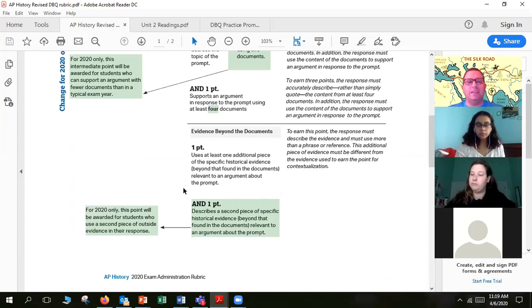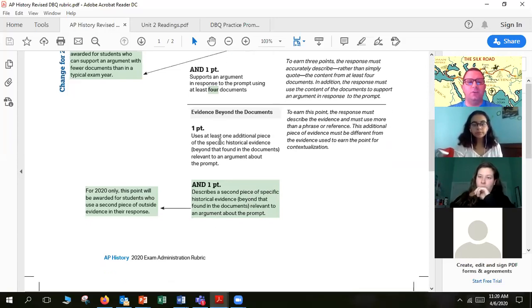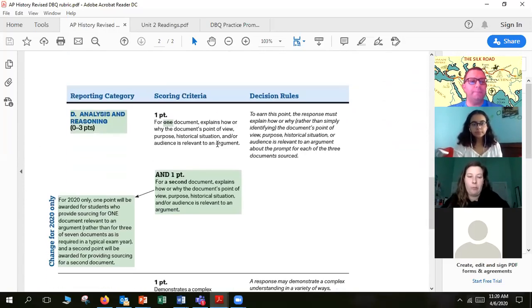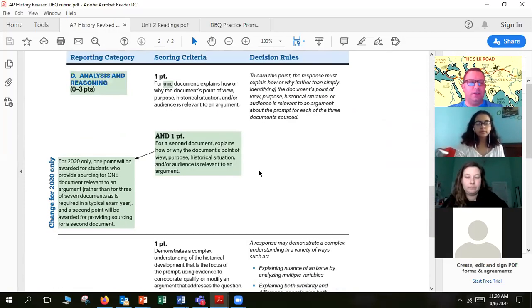The reason that they did this, and the reason that I think this will be 2 easy points for you to earn, is because remember, you have access to your notes, you have access to your books now. So you can easily find and pull information that you could use as outside evidence. So I think these are also going to be 2 points that hopefully would be fairly easy for you to earn. And then we get down here to the end.